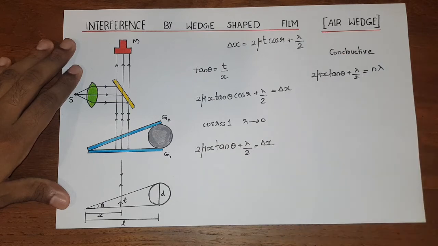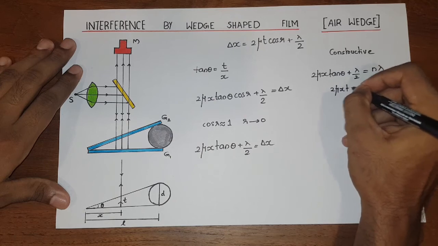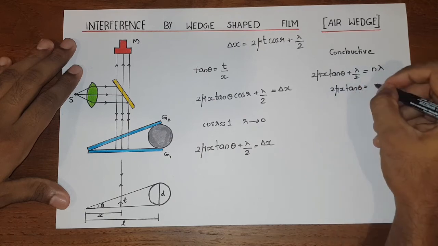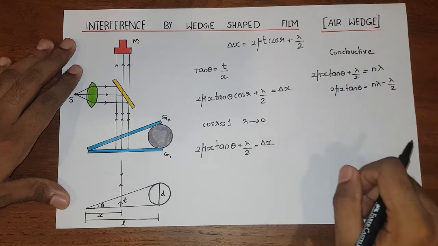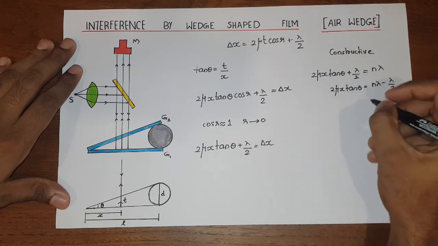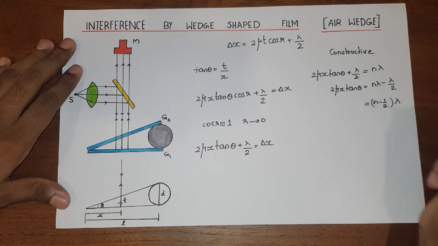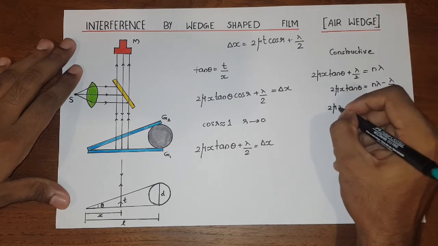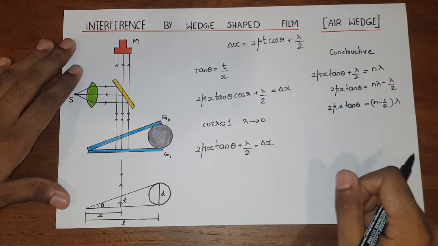That will be the condition for constructive interference. Again, 2 mu x tan theta equal to n lambda minus lambda by 2, bringing this over to the other side. This will be n minus half into lambda. This is the condition for constructive interference.